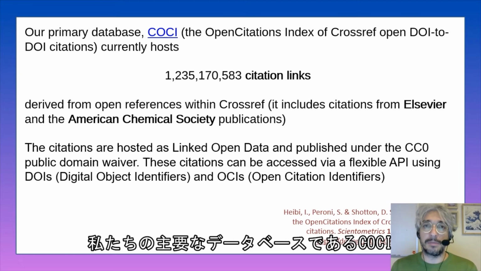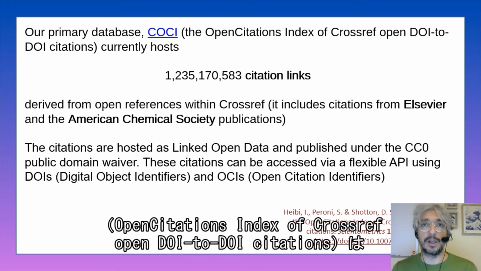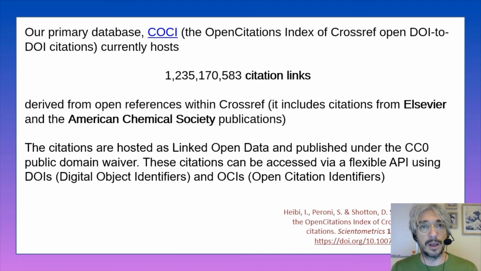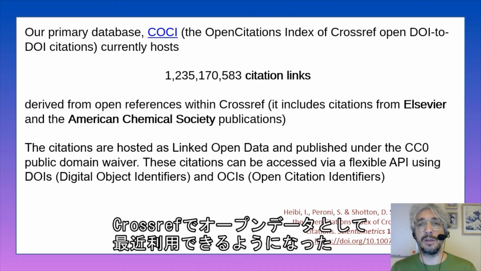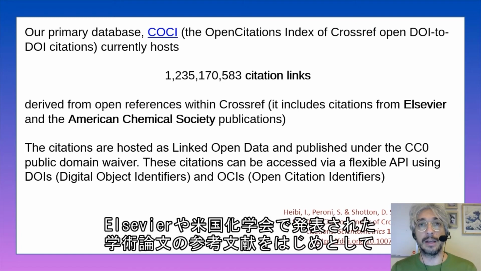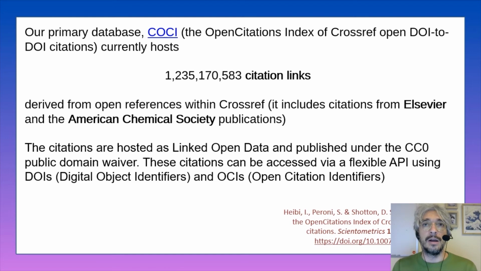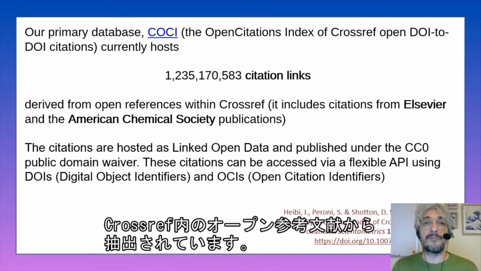Our primary database is COCI, which is the OpenCitations Index of Crossref open DOI-to-DOI citations, that currently hosts more than 1.2 billion citations, and it is derived from open references within Crossref, and includes also references within journal articles published by Elsevier and the American Chemical Society that have recently been made available as open data at Crossref.